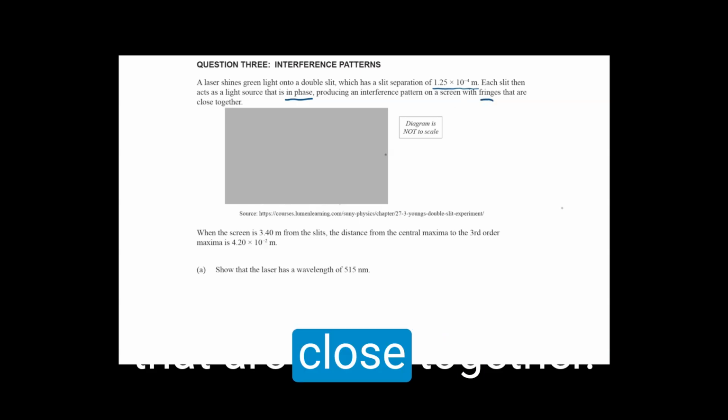So the slit separation is 1.25 times 10 to the negative 4, so it's in meters. Let's underline that. Each slit then acts as a light source that is in phase, which is good to know, producing an interference pattern on the screen with fringes that are close together.